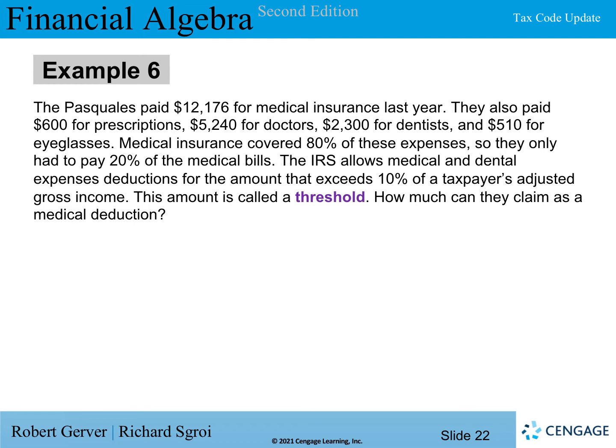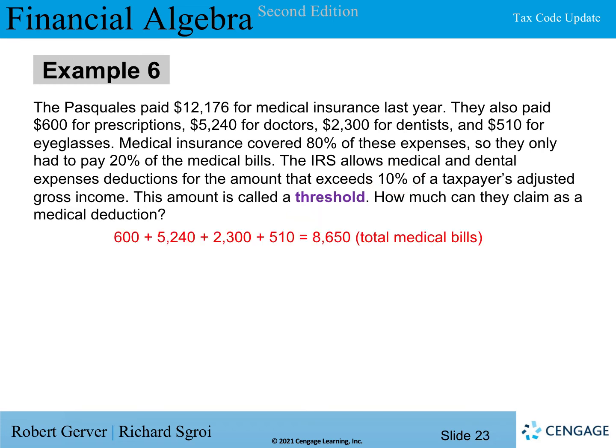The IRS allows medical and dental expense deductions for the amount that exceeds 10% of a taxpayer's adjusted gross income. This amount is called a threshold. How much can they claim as a medical deduction?